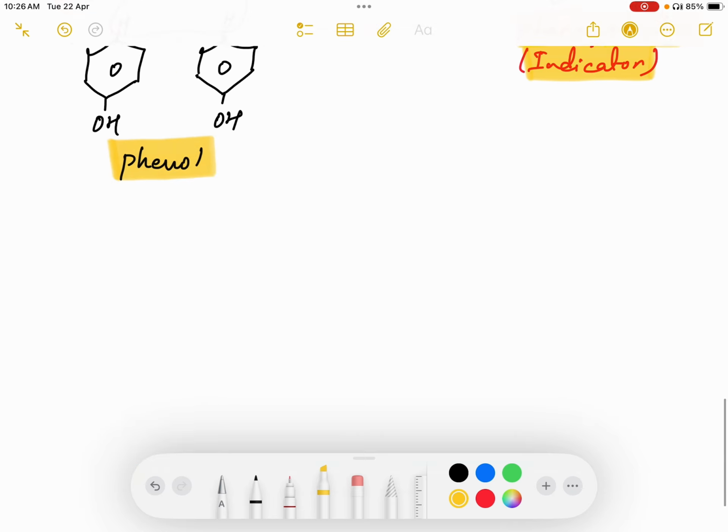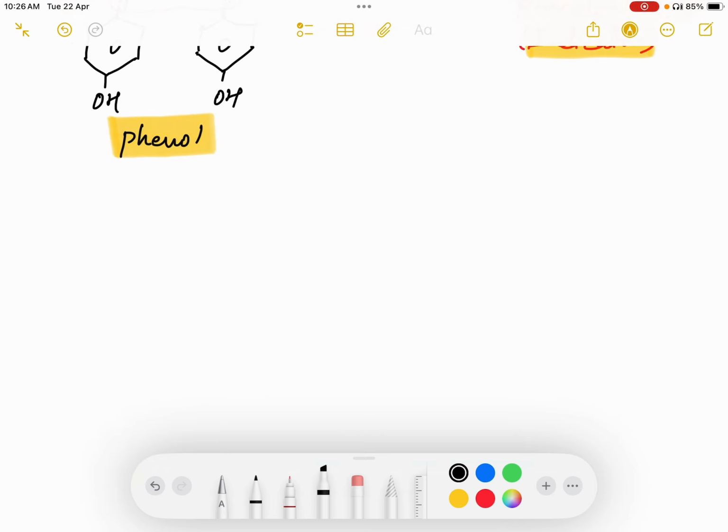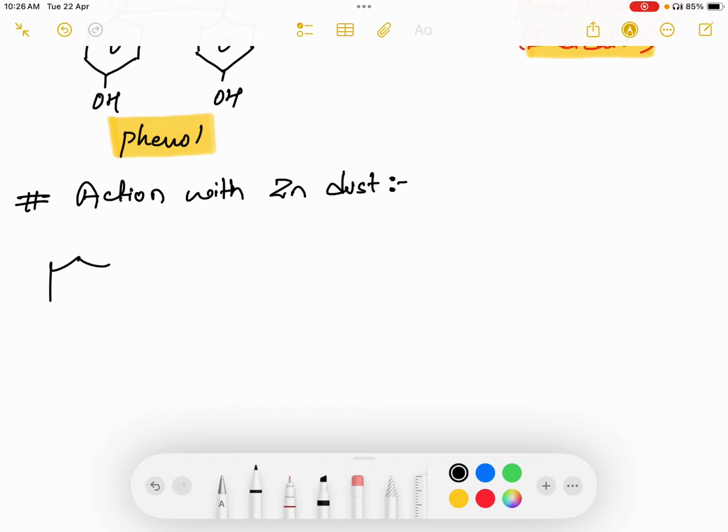Let's move further. Next we have what will happen when phenol is treated with zinc dust.